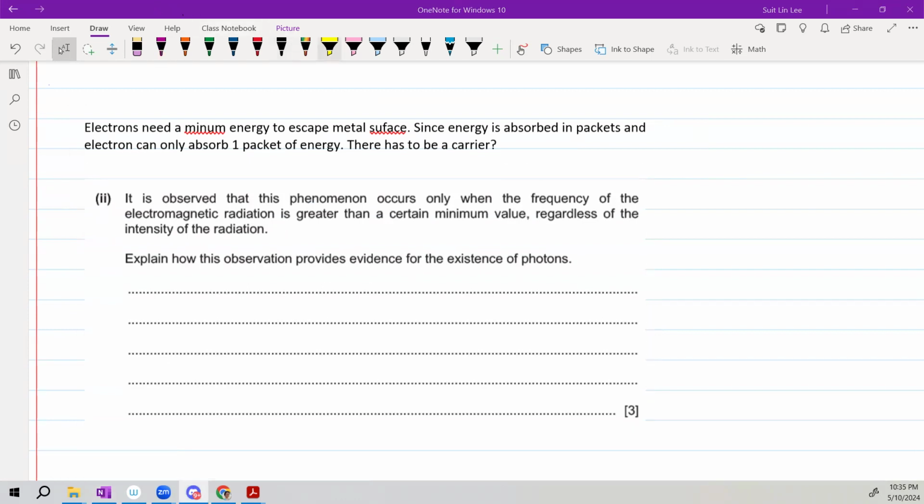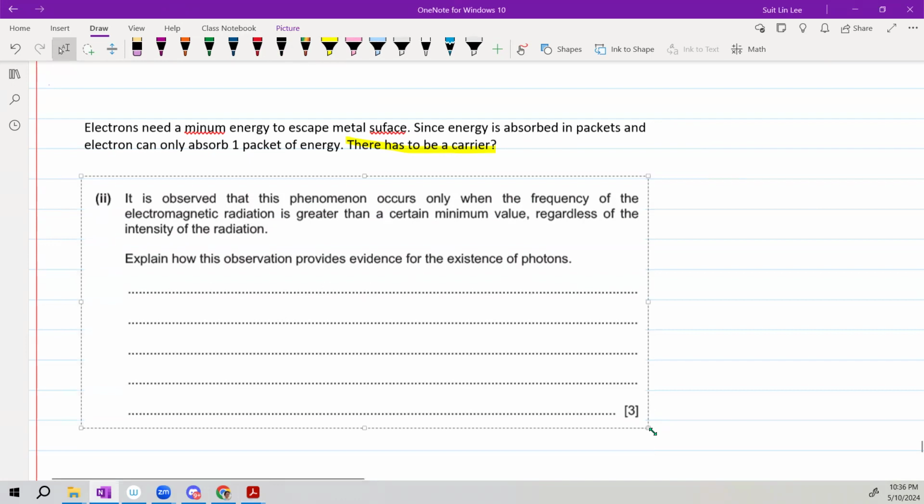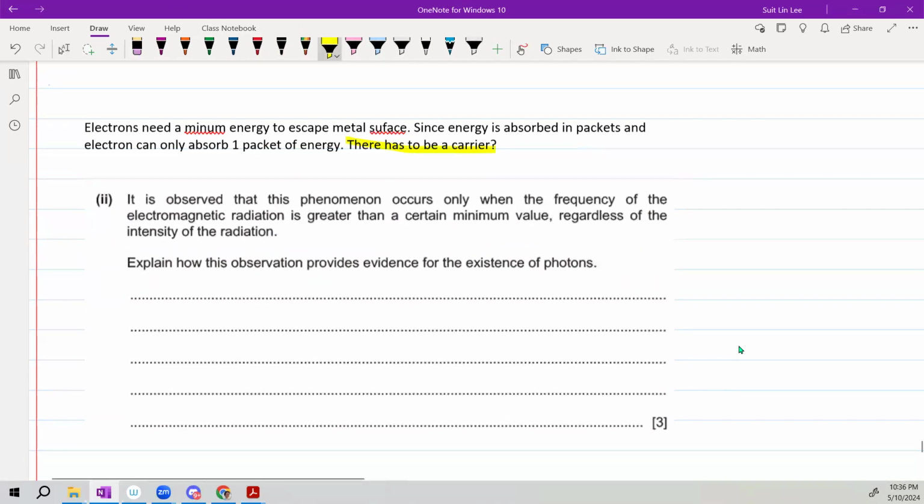I don't really understand what you mean by there has to be a carrier. Because the question is basically asking you to justify or explain the existence of the threshold frequency.